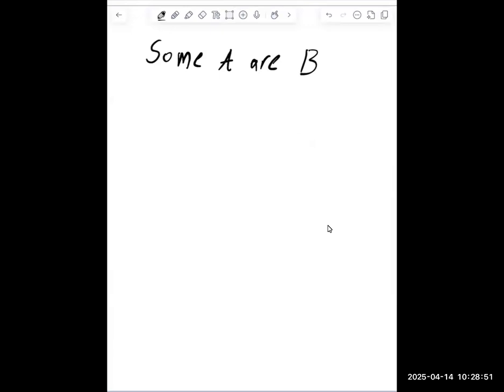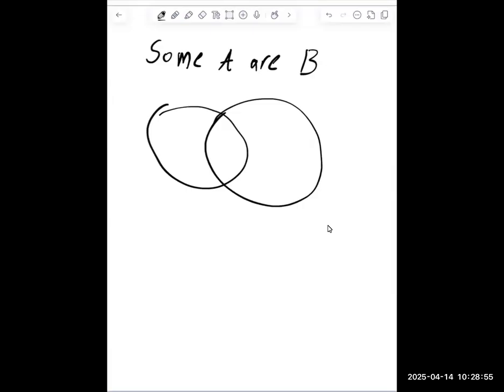So what about some statements? Remember what some means? Some means at least one. So we know that there is something, at least one, maybe more, in this space where A and B overlap.